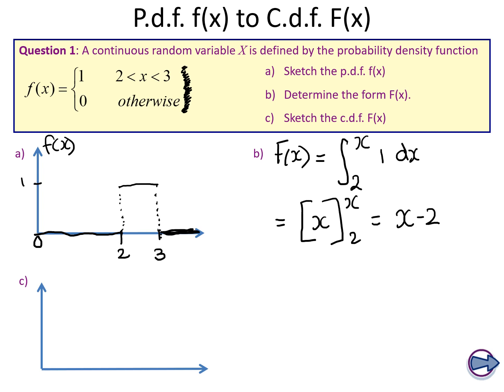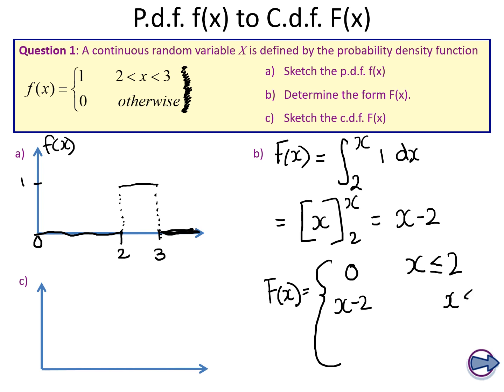So how do we write our big F of x out? Massive bracket. We always have to say it's 0 when it's lower than the bottom limit. It is x take 2 when x is between 2 and 3.